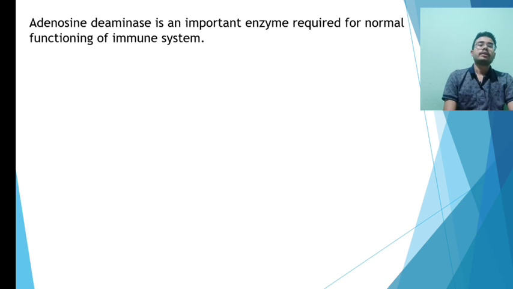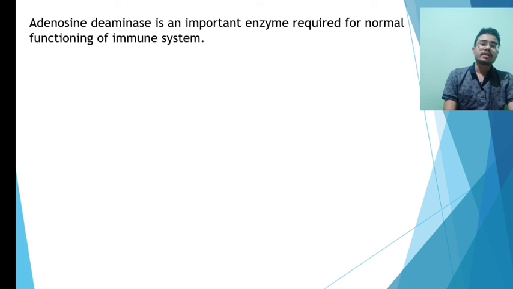To rectify this, there are two processes. One is bone marrow transplantation and the other is to give ADA enzyme injection to the affected patient, but these two are not a permanent cure for the disease.